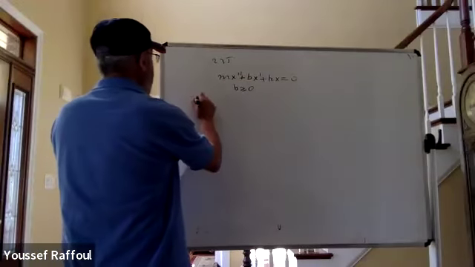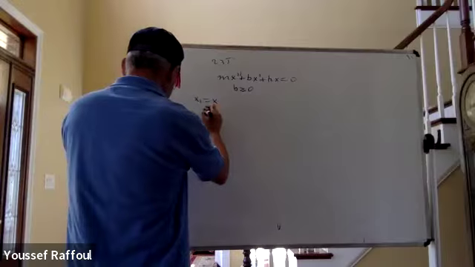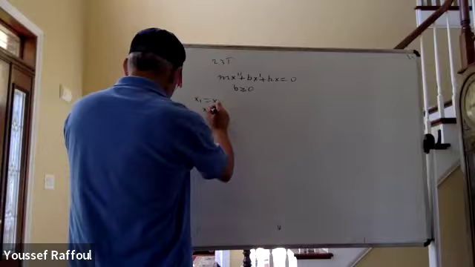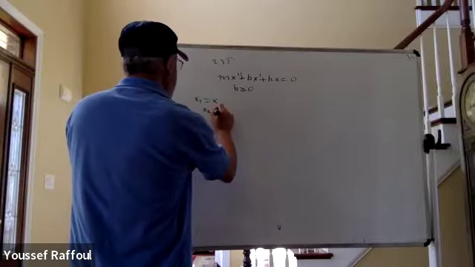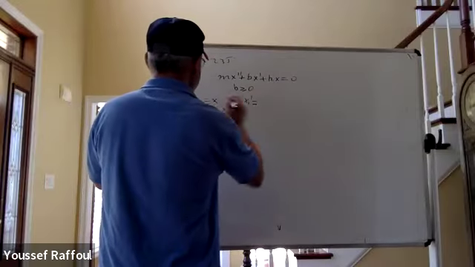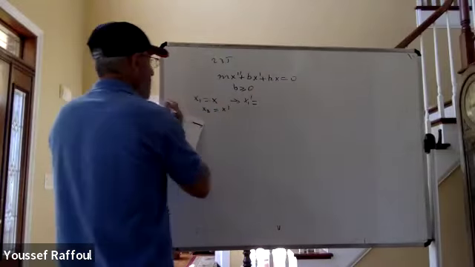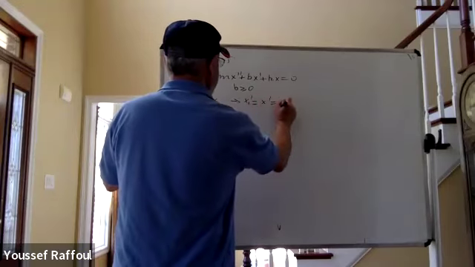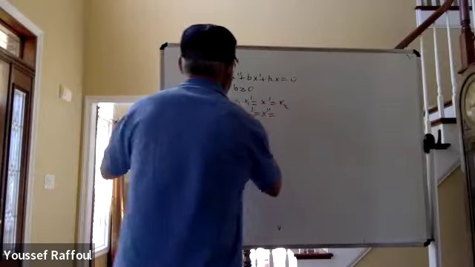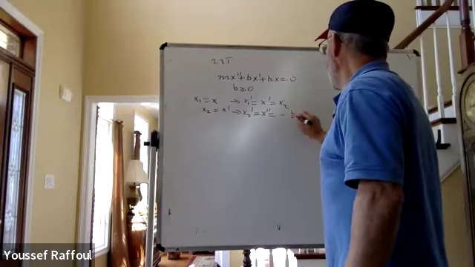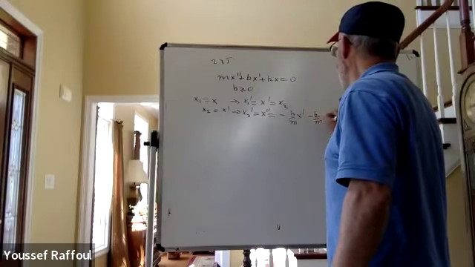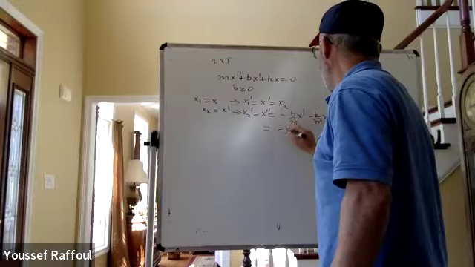If I take x1 equal x and x2 equal x prime, then I get x1 prime equal x prime equal x2, and x2 prime equal x second equal to minus b over m x prime minus k over m x.